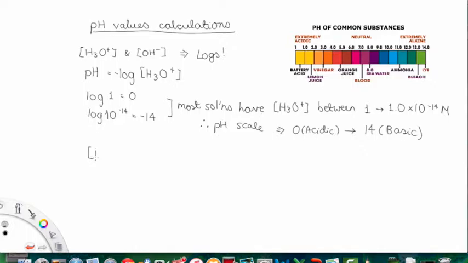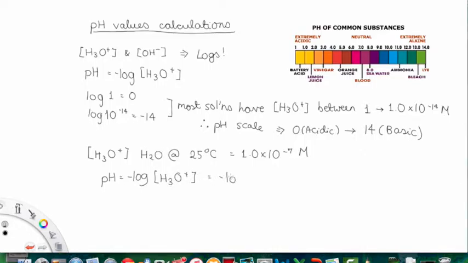So the concentration of the hydronium ion of neutral water at 25 degrees is 1 times 10 to the power of negative 7 molarity, which we talked about previously. And so now let's try to calculate the actual pH value. pH is the negative log of the concentration of the hydronium ion.